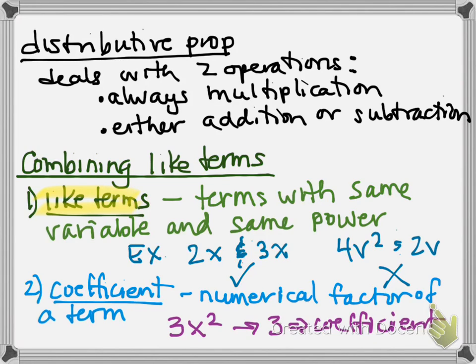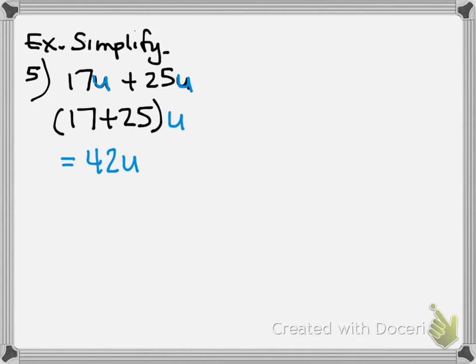So I look at my problem, it tells me to simplify. I check to see if I have parentheses. If I do, I distribute. If I don't have parentheses, I look at, do I have like terms? If I have like terms, what did I do to get to my final answer? Joy? You do whatever the math tells us to do, but only with the coefficients. Notice, nothing happened to the variable. The variable stays himself, okay?